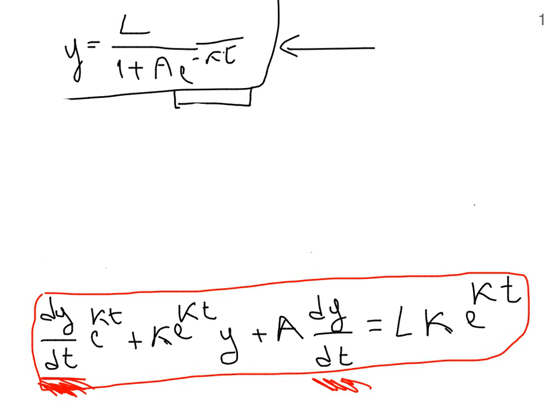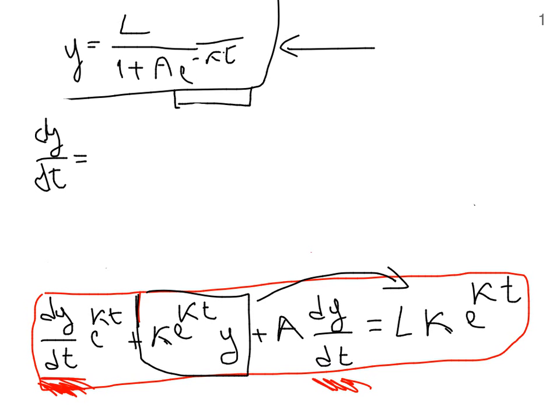Let me take this part on the right and group together dy over dt and put it in the denominator. That means that dy over dt is equal to, first of all, L k e to the kt minus k e to the kt y.